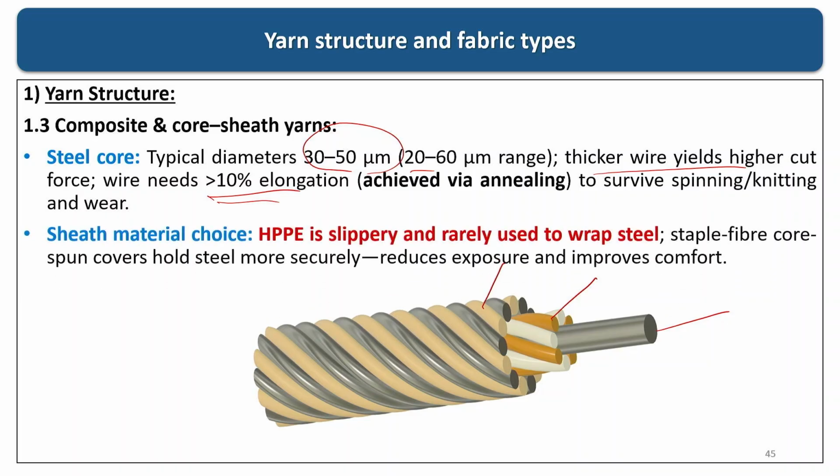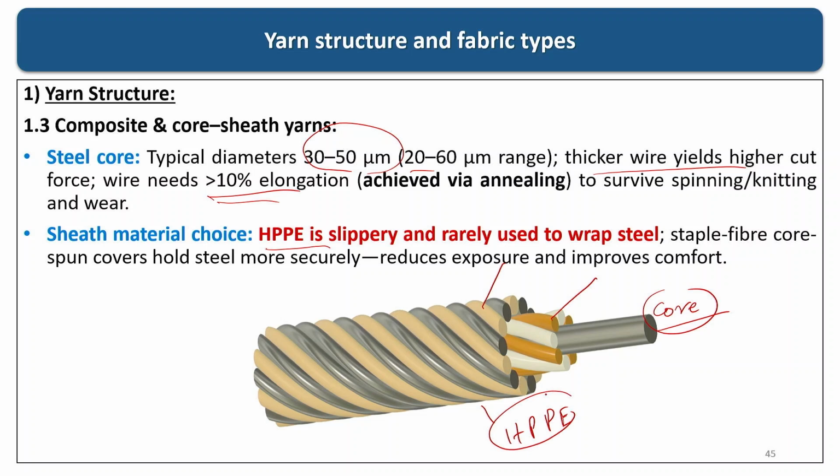So, there should be some elongation. Here this is the core, typically glass or stainless steel is used, and the sheath is HPPE, high performance polyethylene.